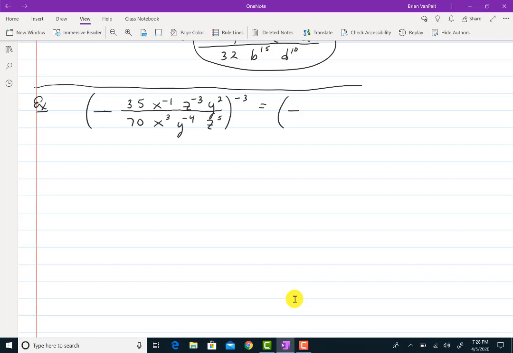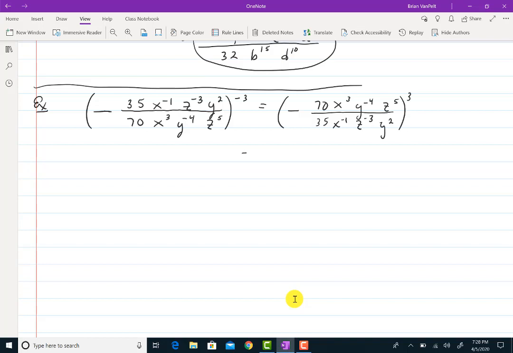But inside I'm going to turn it upside down. 70 x to the 3rd, y to the -4, z to the 5th, all over 35 x to the -1, z to the -3, y squared, and that'll be raised to the +3rd power.